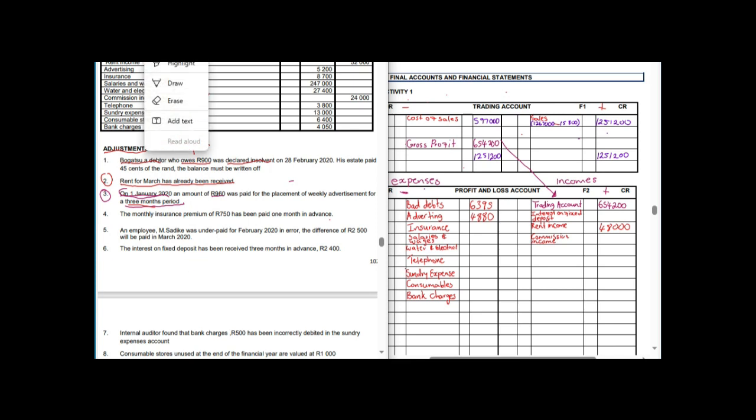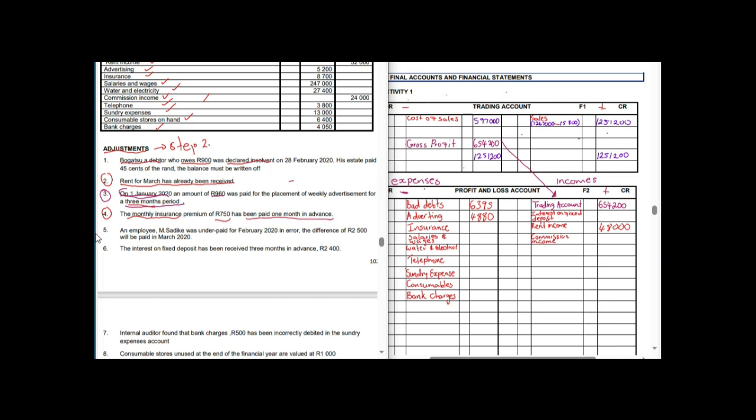And then, guys, let's take a look at transaction number 4. It says the monthly insurance premium of 750 has been paid 1 month in advance.